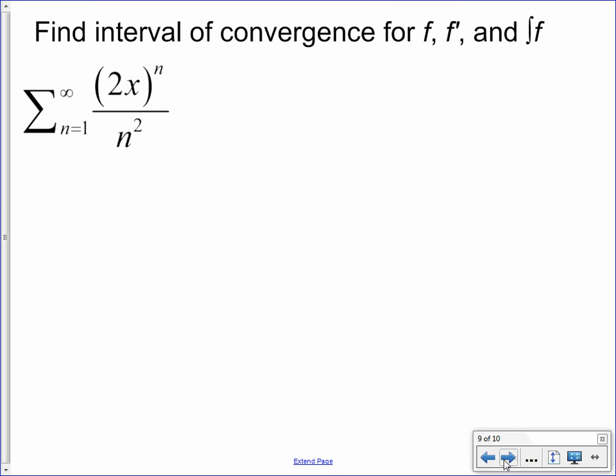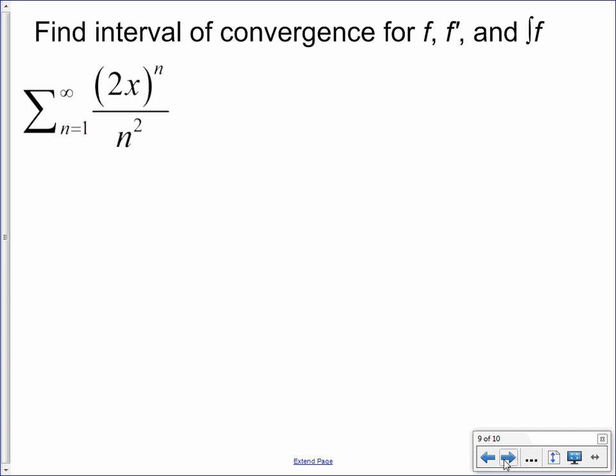Okay, so here's the thing. Whatever the radius of convergence is for f, the radius of convergence is the same for f prime and the antiderivative of that. The endpoints aren't consistent as to whether they converge or not, but the radius of convergence is consistent. So if you know the radius of convergence for f, you wouldn't have to do the ratio test for the derivative.